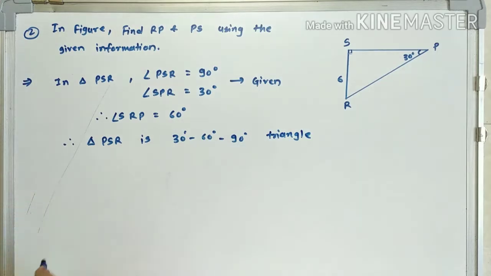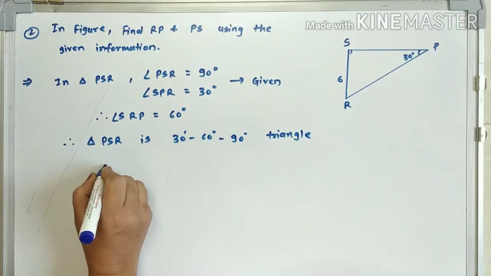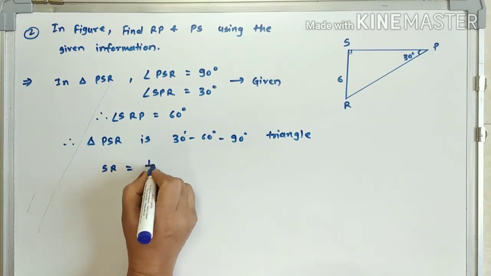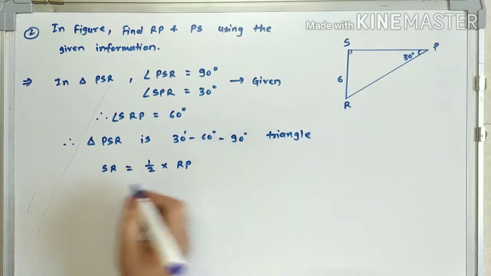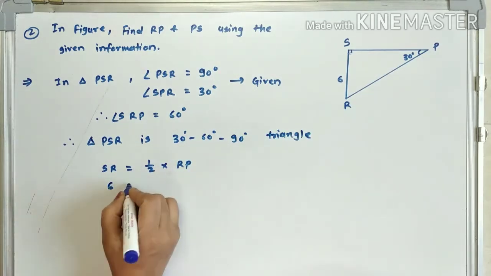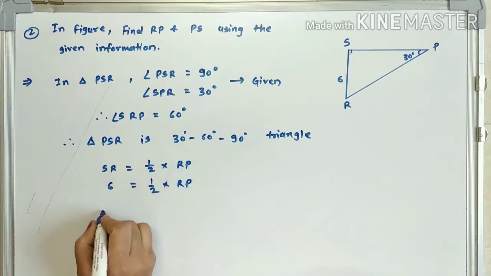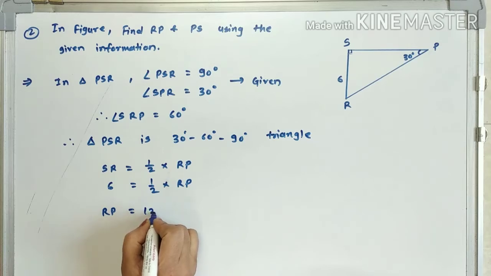By using the 30-60-90 degree triangle theorem, SR equals half into RP, the hypotenuse. SR is given as 6, which equals half into RP. So RP equals 6 into 2, which is 12.